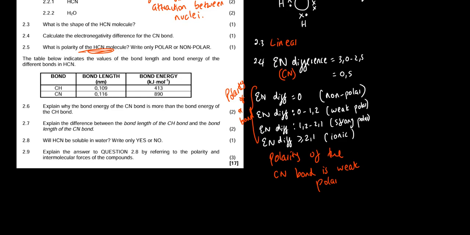Then here we have a table that shows values of the bond length and bond energy in the HCN. Now I want you to check. Here's bond length, here's bond energy. Remember what we were talking about. For 2.6, it asks you to explain why the bond energy of the CN bond is more than the bond energy of the CH bond. What would you say?